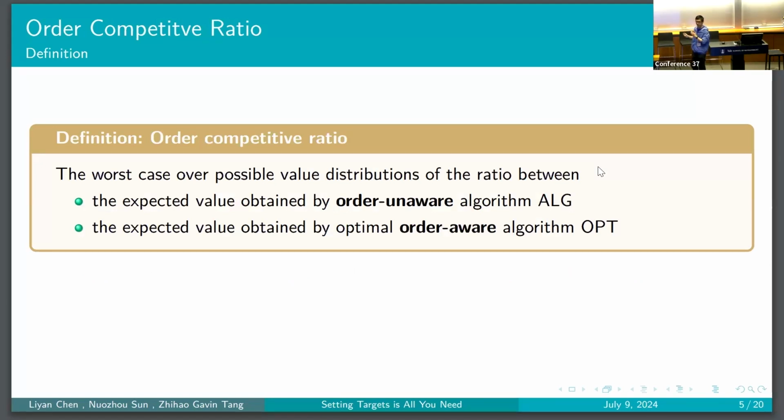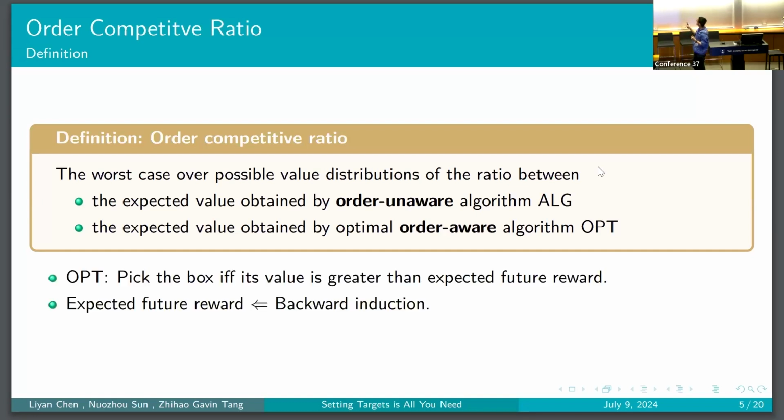The optimal offline algorithm will just pick the maximum value because it knows the exact value of all boxes. Let me give you some insight into how the optimal online algorithm works. Generally, it will pick the box if and only if its value is greater than the expected future reward. The future reward can be computed by backward induction, and we'll discuss the formula later.